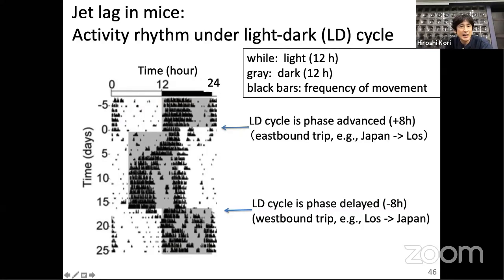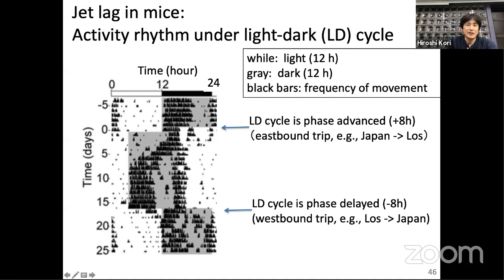Each line corresponds to 1 day. The white region corresponds to the light phase, and the dark region to the dark phase. In the cage, light is on in the light phase and off in the dark phase. The black bars show the frequency of movement of this mouse. Because this mouse is nocturnal, it is active during the night phase.